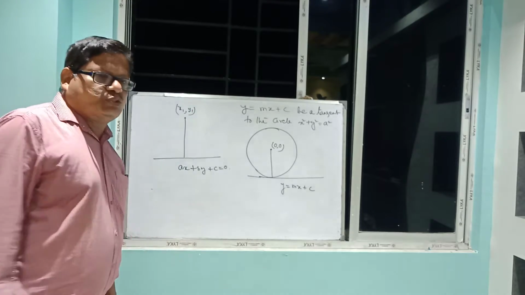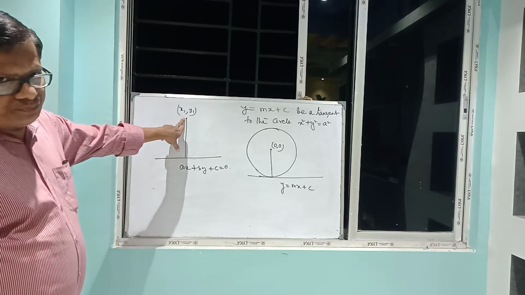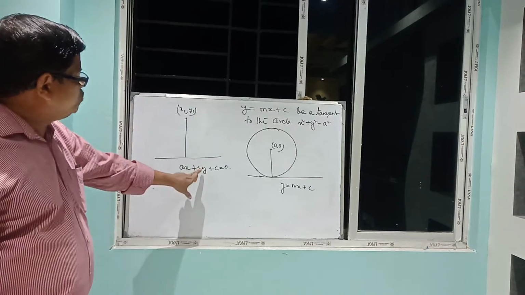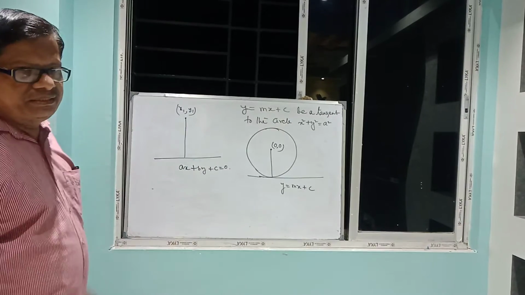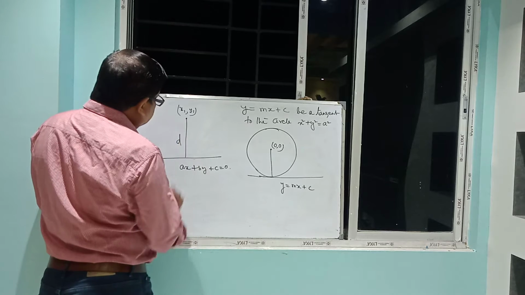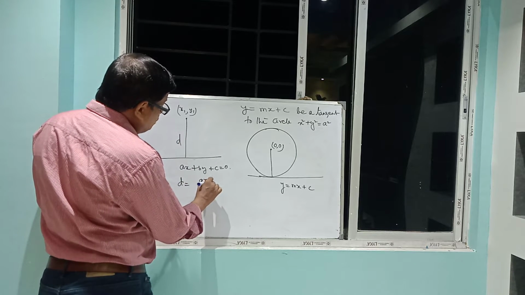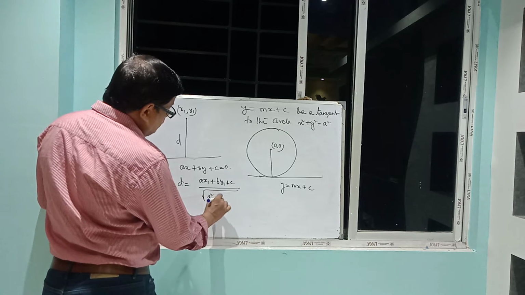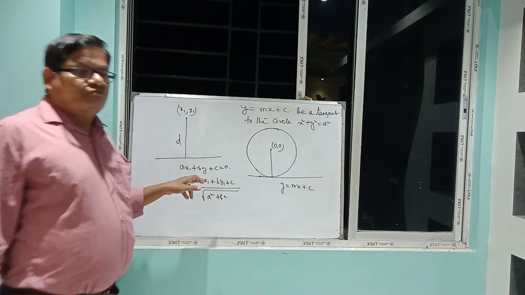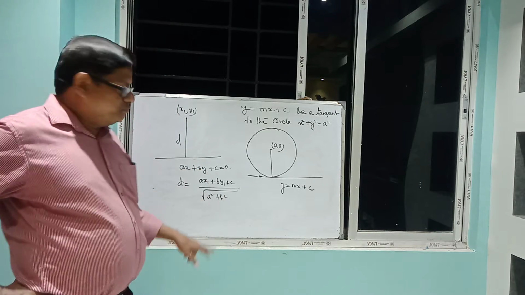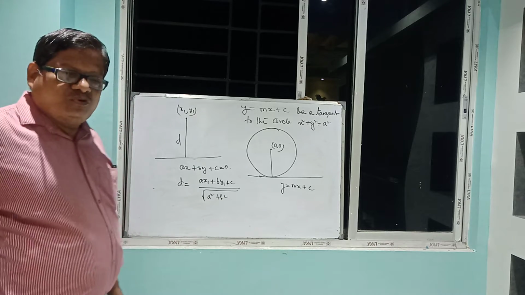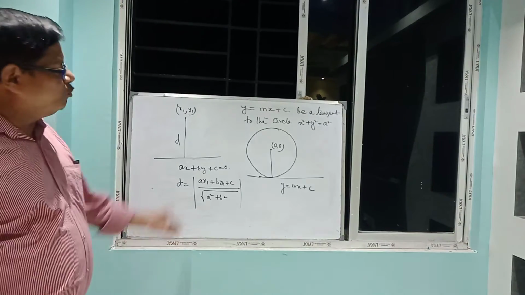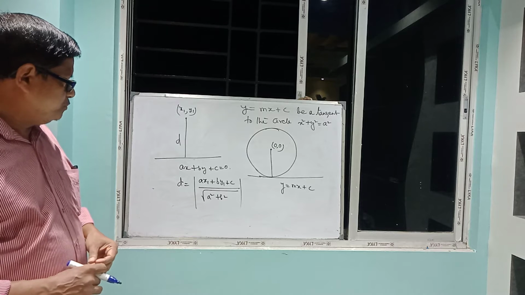First, directly find the value: put d equal to ax1 plus by1 plus c divided by root under a square plus b square, with a the coefficient of x and b the coefficient of y. Keep in mind, take the absolute value. If it is negative, you will take the positive value. Understood?